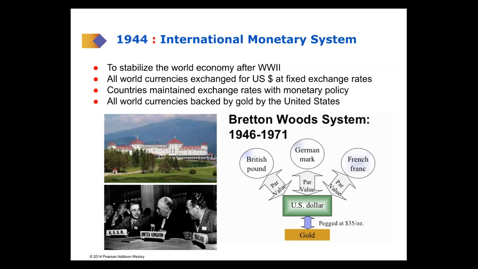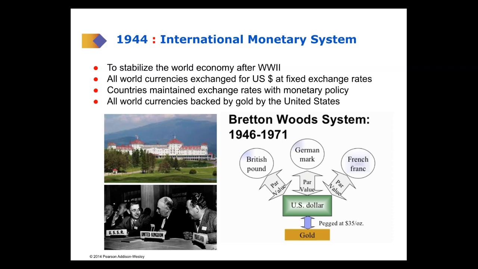This system didn't last too long. In a sense, it didn't work too well. Part of the reason is you're fixing prices between gold and the dollar, and then you're trying to keep the exchange rates fixed. So the prices of gold and the prices of currencies were fixed. We know that prices are supposed to fluctuate. They're the adjustment mechanism in market economies.